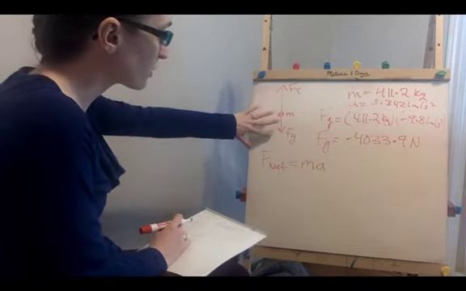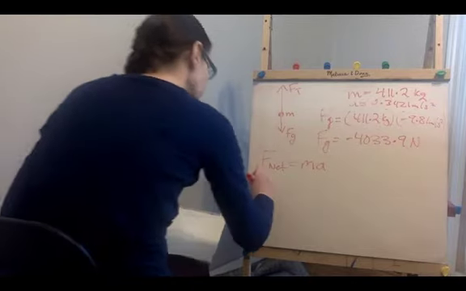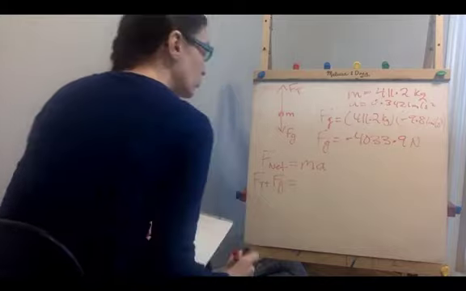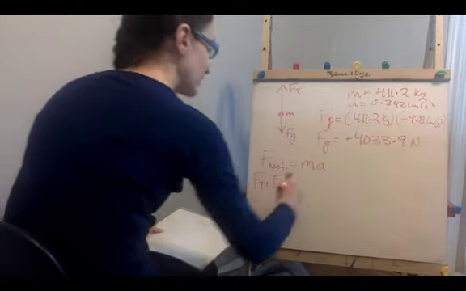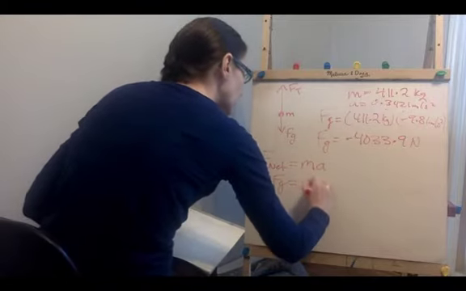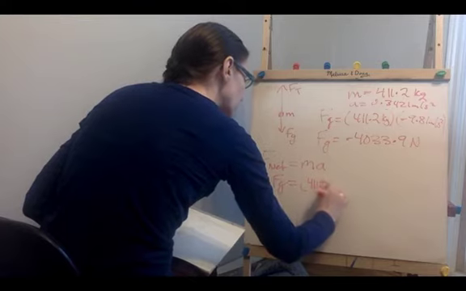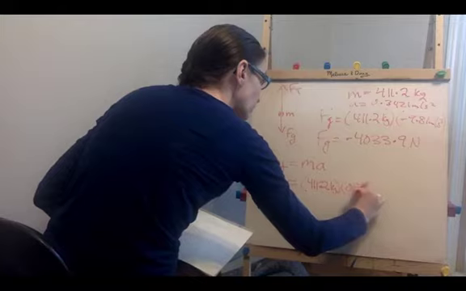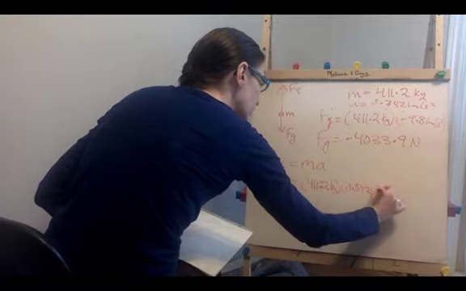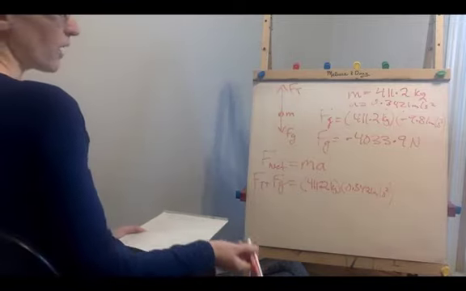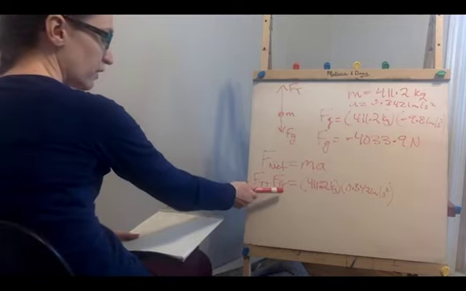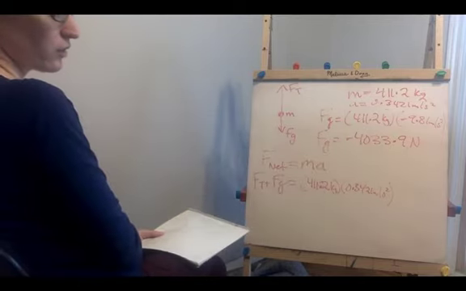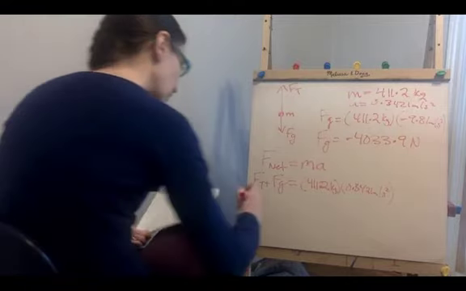You've got two forces acting here, force of gravity and force of tension, and you know both the mass and the acceleration: 411.2 kilograms multiplied by 0.3421 meters per second squared. And you know that the force of gravity here is negative 4,033.9 newtons.